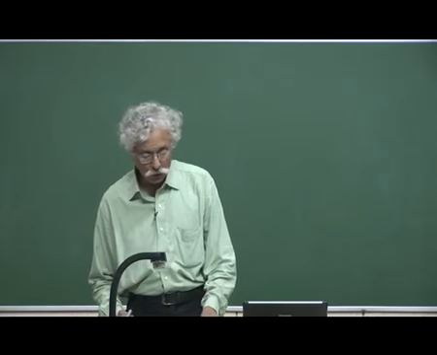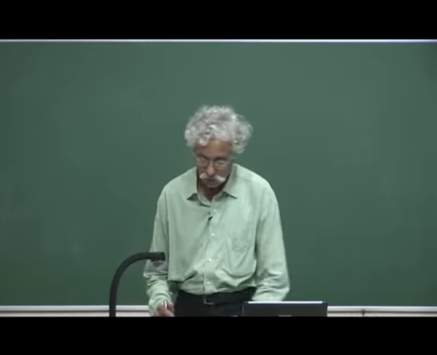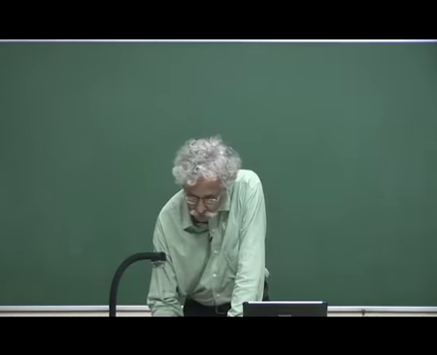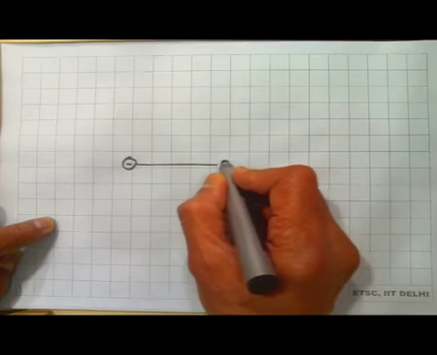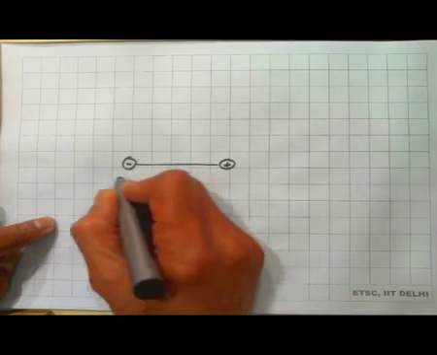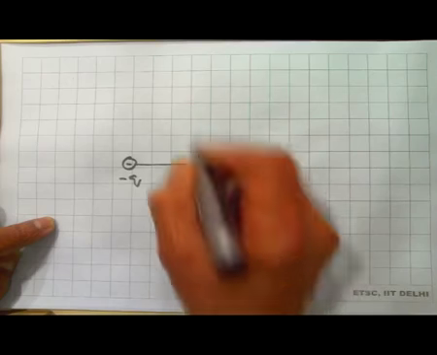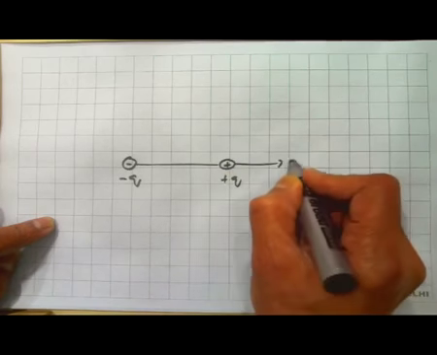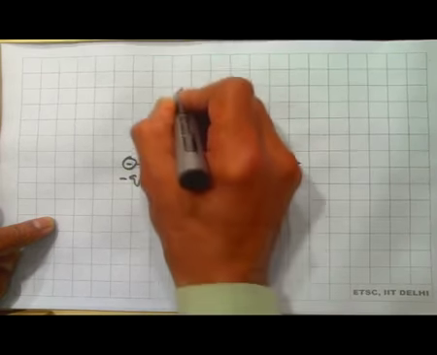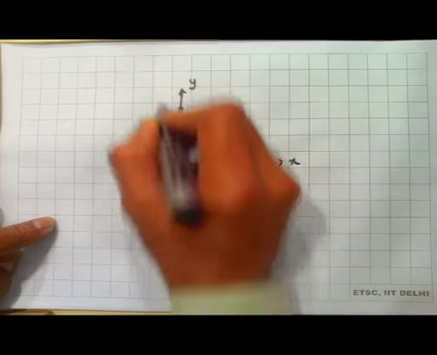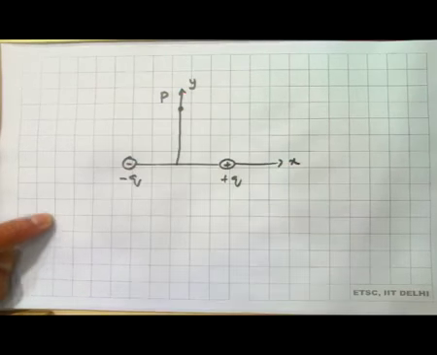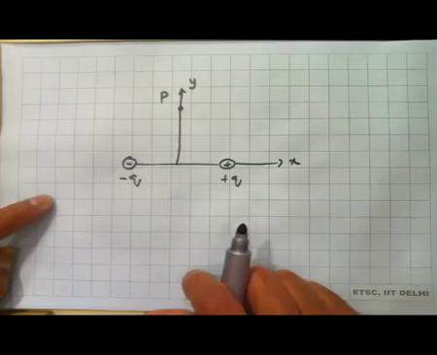We can now calculate also through a simple calculation the electric field on the equatorial plane. So, this is plus q. So, minus q here, plus q here. So, this is the x axis and this is the y axis, and so I take a point here, point P, at which I want to calculate the electric field.